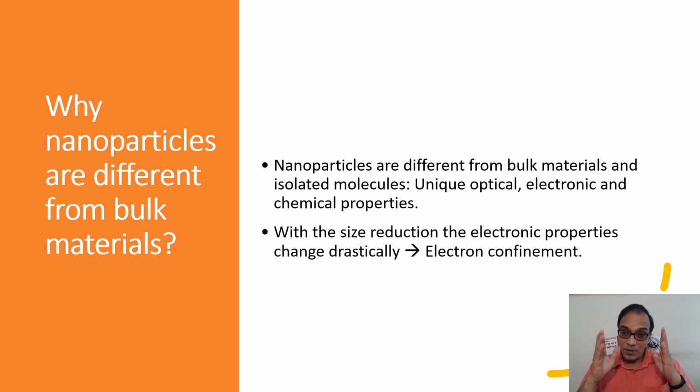As the dimensions of the material are reduced, what is happening? The electronic properties change drastically as the density of states and the spatial length scale of the electronic motion are reduced. Electron confinement is there when you are decreasing the size. Closely related to size induced change in the electronic structure are the optical properties of nanomaterials.